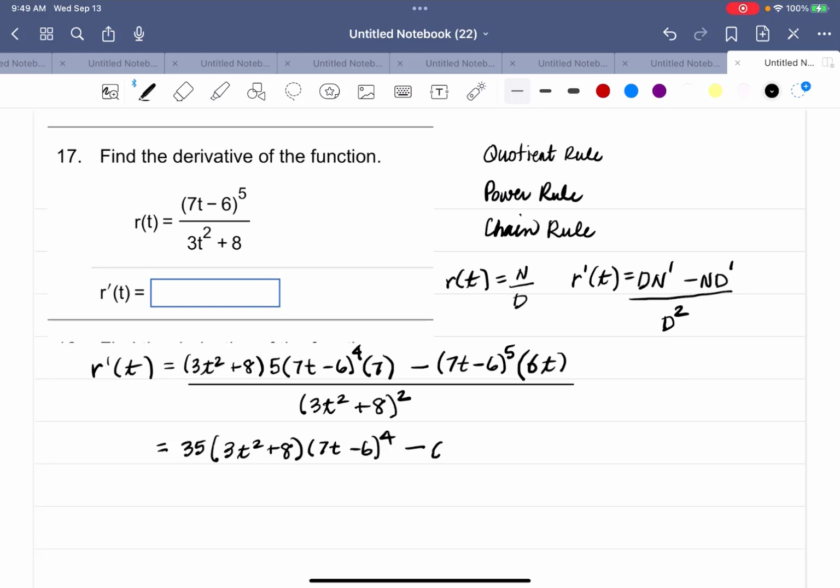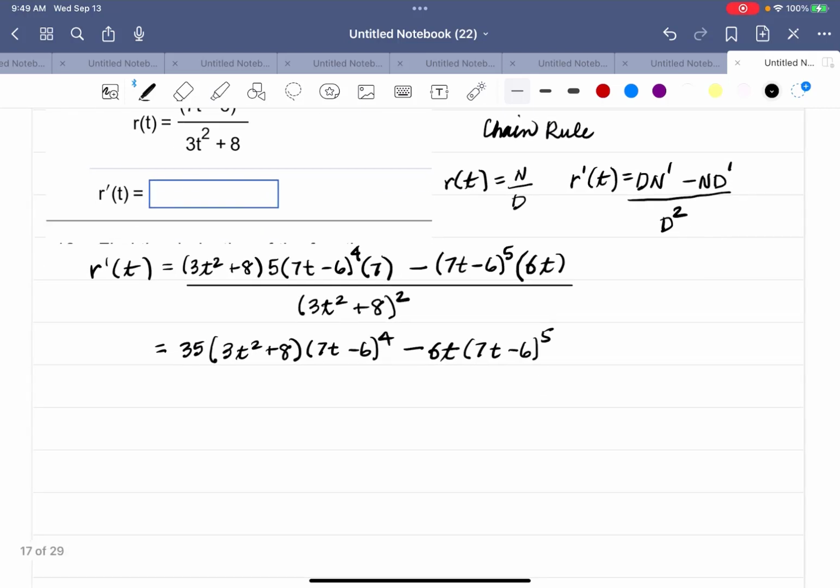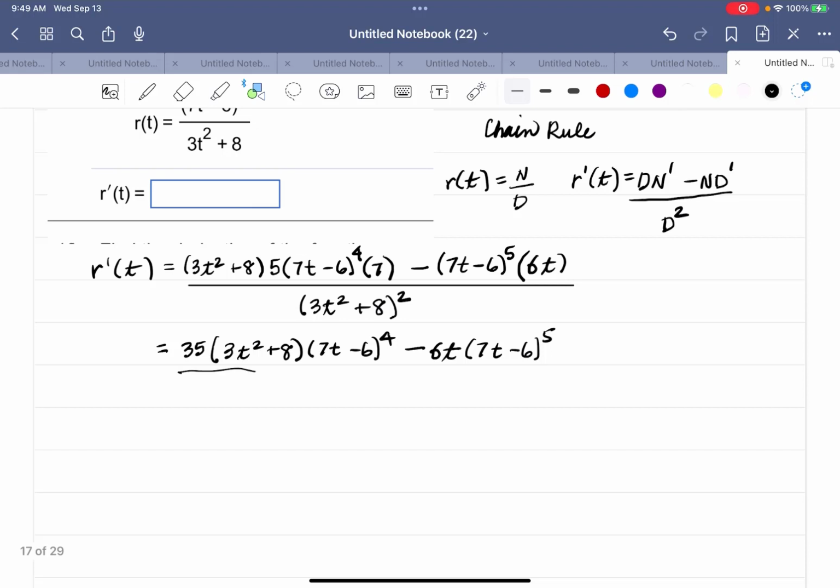Subtract, and I'll put my monomial in the front, 6t, times 7t minus 6 to the 5th. And all of that is still over the denominator squared, 3t squared plus 8 quantity squared.